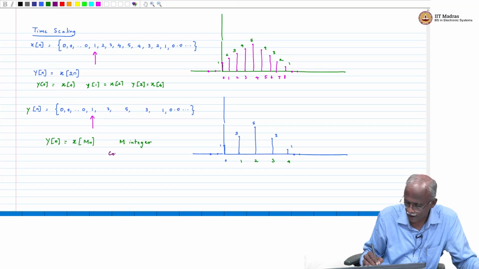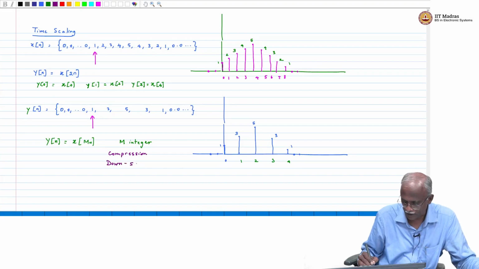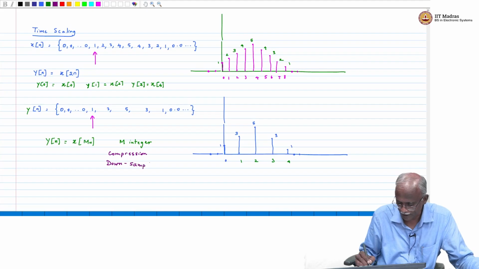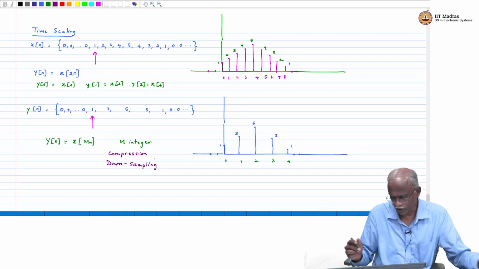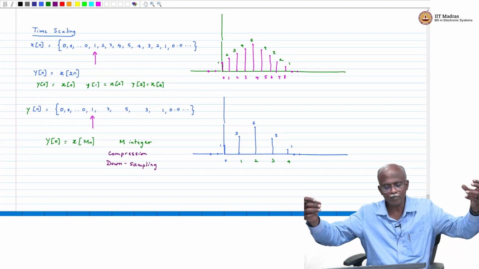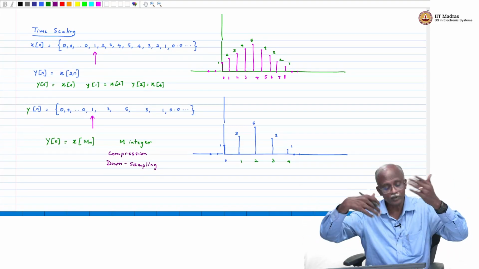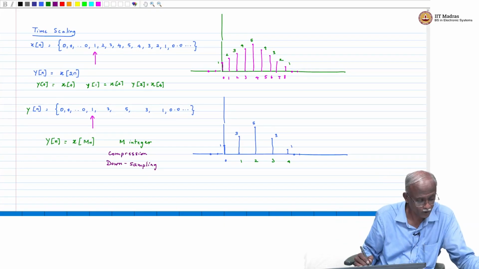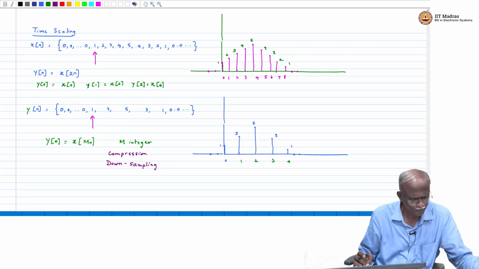So this is an operation on time scaling which is called compression or downsampling. I like the term downsampling much better than compression, because it's very easy to see that you originally had 8 non-zero samples, now it went down to 5 because some non-zero samples got omitted.